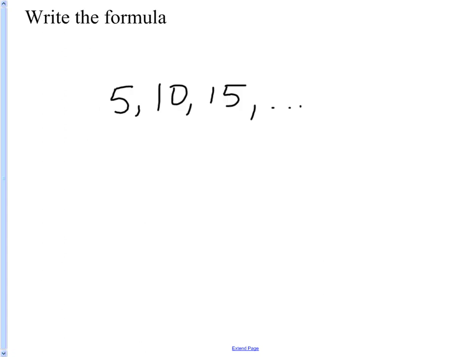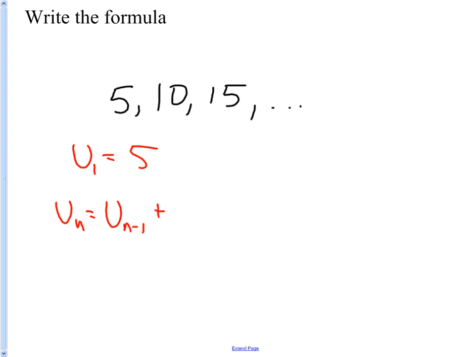All right. So let's look at this one. See if you can write the formula for that one. Okay, so how do you start? U sub 1 equals 5. What do you always say next? Equals. Good.